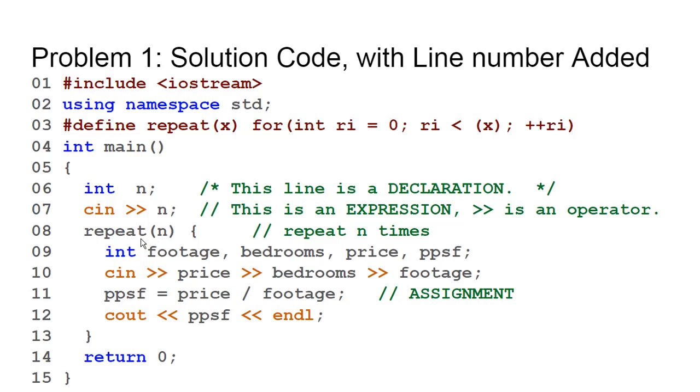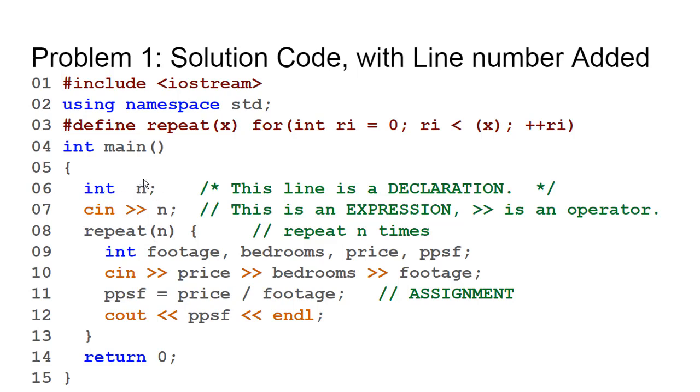I need this behavior of repeating n times, but I don't want to explain how to achieve that now, so that will be covered in topic 2. I use something called a macro, so just ignore how this works. Don't try to understand how it works if you don't already know. Essentially what it does is repeat something n times.